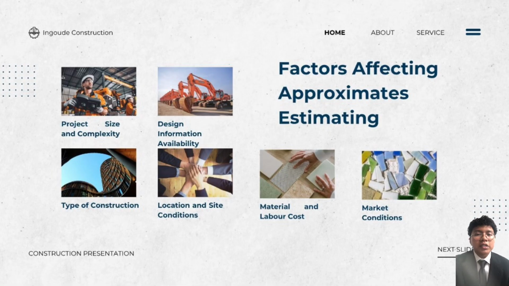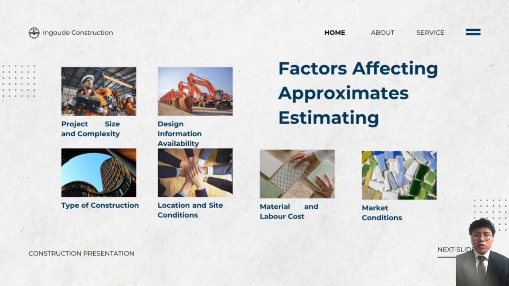4. Location and site condition. Where the project is located can have a big impact on cost. For instance, a remote or hilly site may need extra transportation or groundwork. Soil condition, weather, and access to utilities also affect how much the project will cost to build. 5.